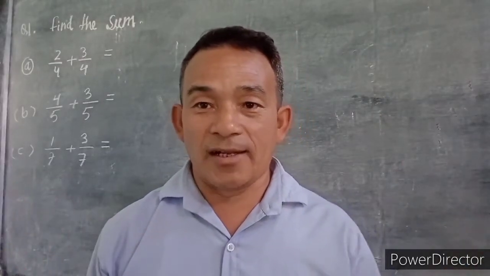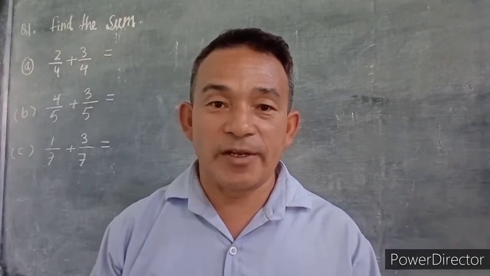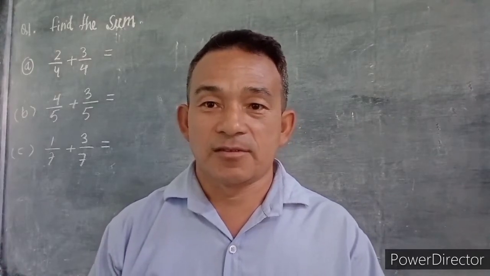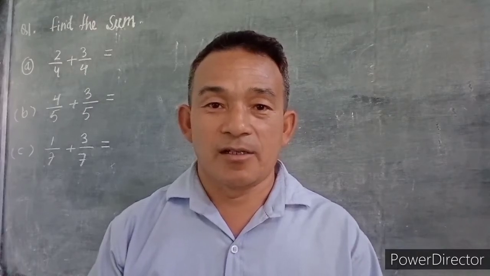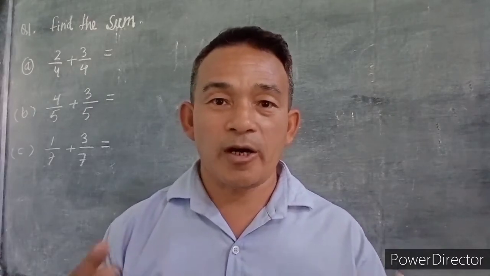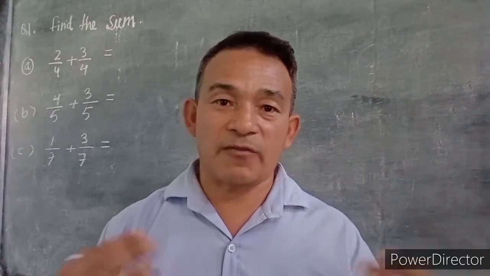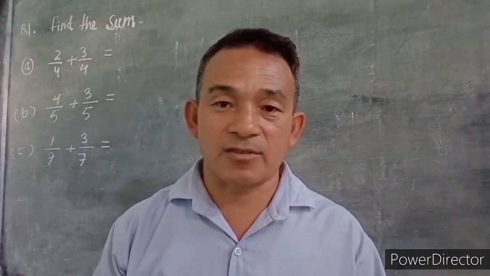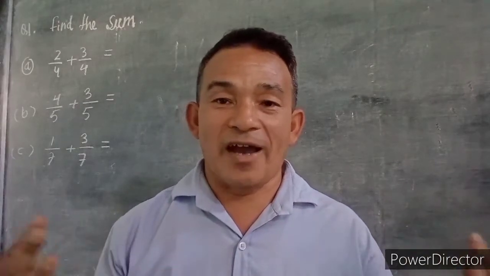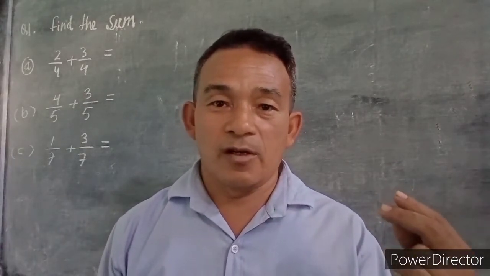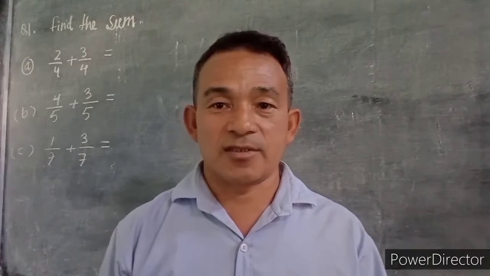So while adding fractional numbers, we need to check whether the fractional numbers are like fractions or unlike fractions. If they are like fractions, it is quite easy to find the sum of the two like fractional numbers.